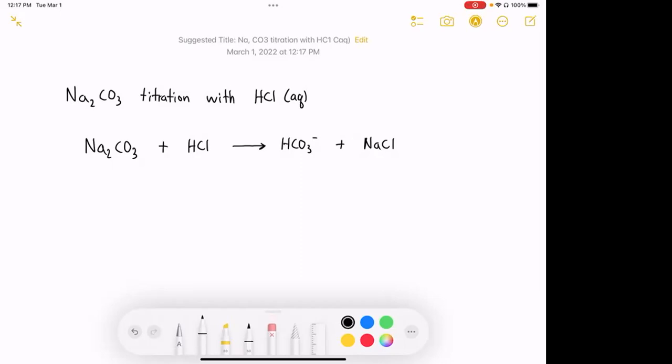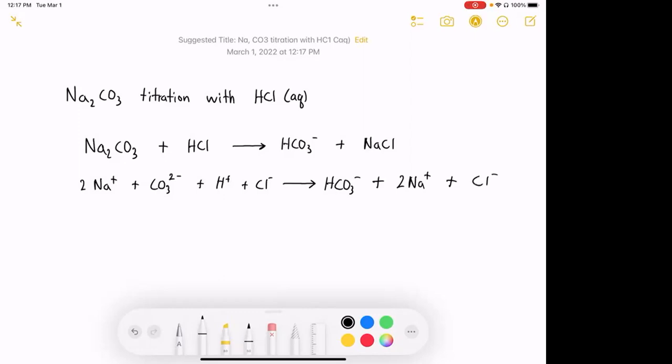So let's write the ionic equation. We get 2 sodium plus ions plus a CO3 2 minus ion plus H plus Cl minus. And the carbonate and the acid will react to give us HCO3 minus plus 2 sodium, so we should put a 2 there, Na plus, plus Cl minus.